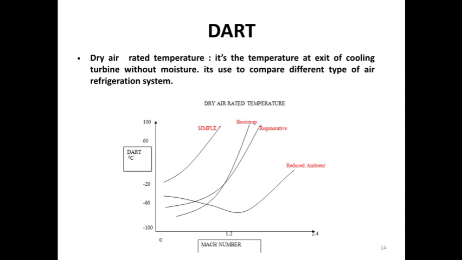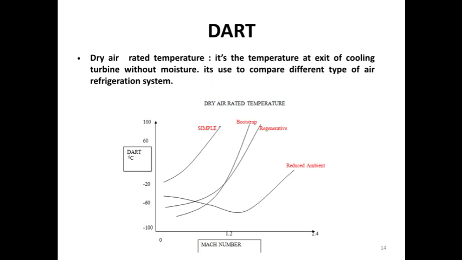On the y-axis we place the DART in degrees centigrade, where you can see minus 100 degrees, minus 60, minus 20, minus 10, after that 60 and 100 degrees centigrade. On the x-axis you have the Mach number, which can vary from 0 to 2.5 or 3 or 4.